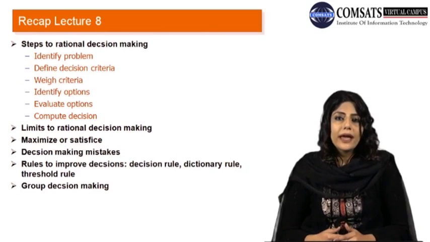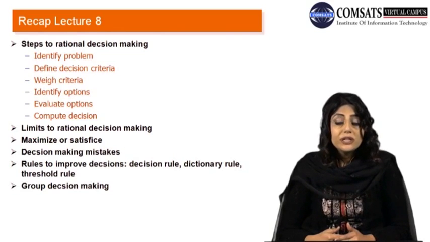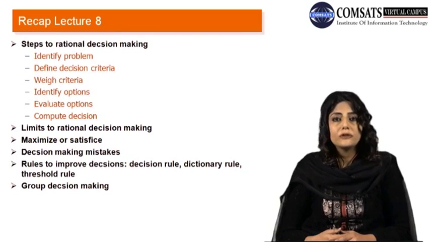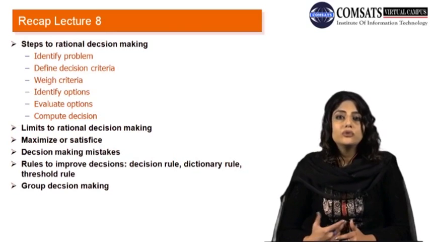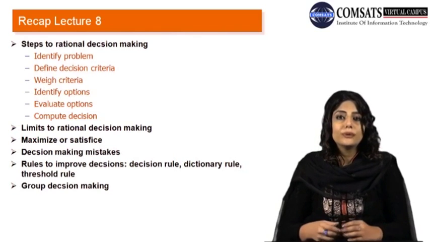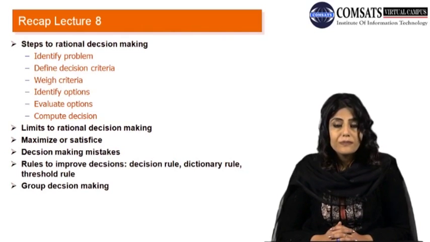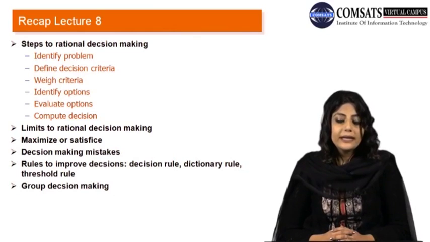And then we discussed how managers need to weight those decision criteria according to their degree of importance and according to the context. We had an example of purchasing computers for office use: you may not need CD-ROMs for all the computers of all employees, because you can have a shared CD-ROM when those computers are placed on a network, right?